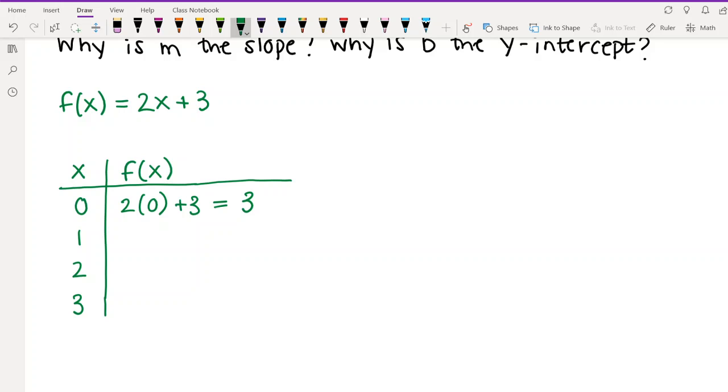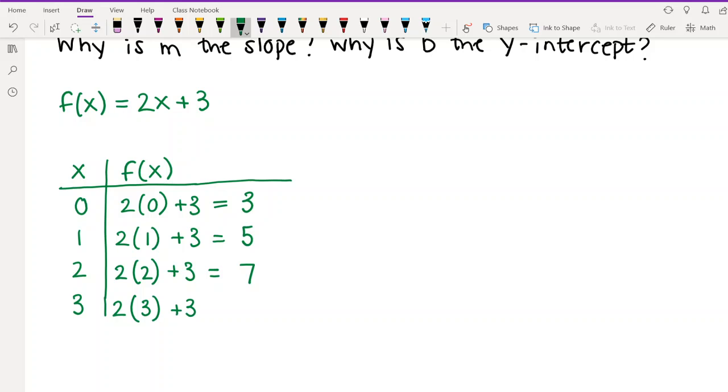So when x is 0, the y-coordinate is going to be 3. Then we can plug in 1, so that would be 2 times 1 plus 3, which is equal to 5. If we plug in 2, we have 2 times 2 plus 3, which is equal to 7. And if we plug in 3, we have 2 times 3 plus 3, which is equal to 9.